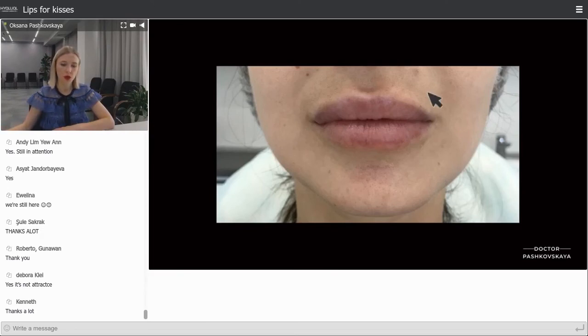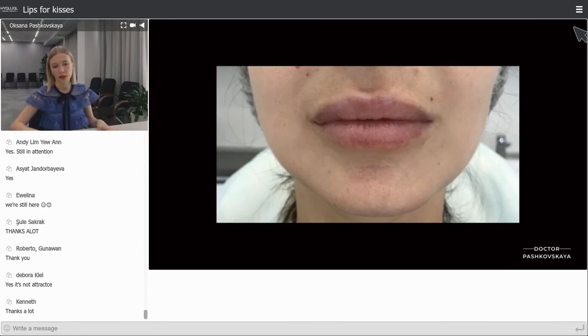Also, a prolonged effect of lip filling is not healthy, because if our organism cannot remove something in a short term, in a few months, it tries to enclose itself from that drug, from that filler, and it leads to fibrosis.